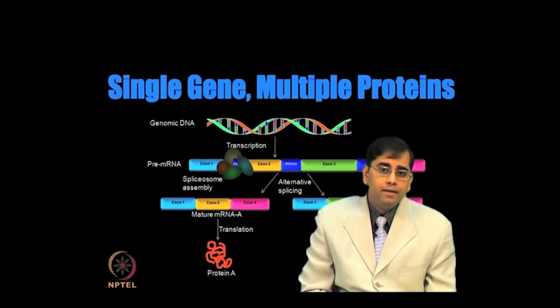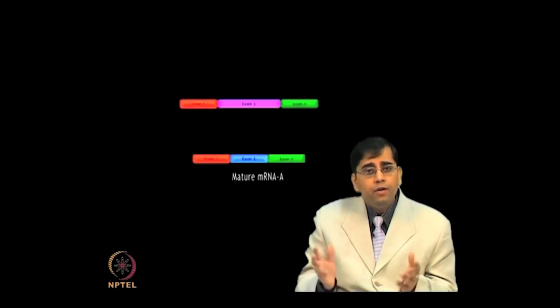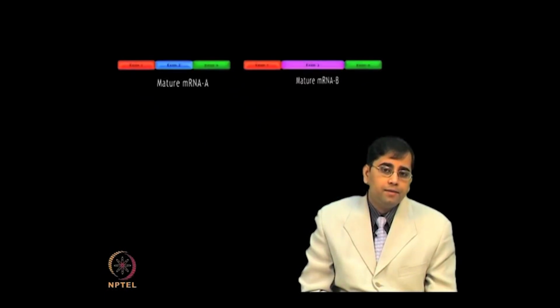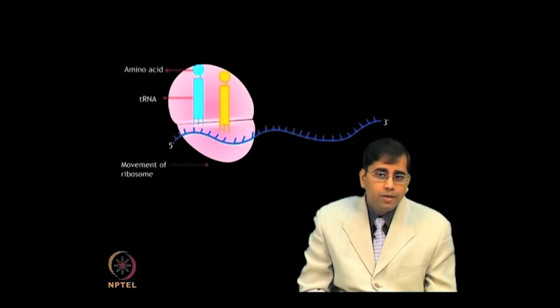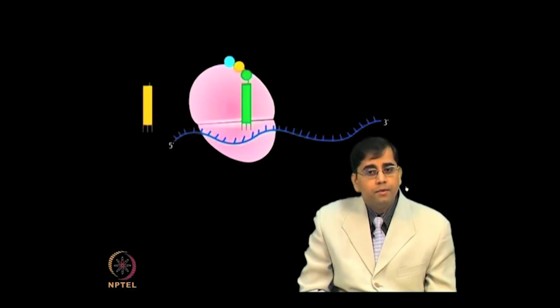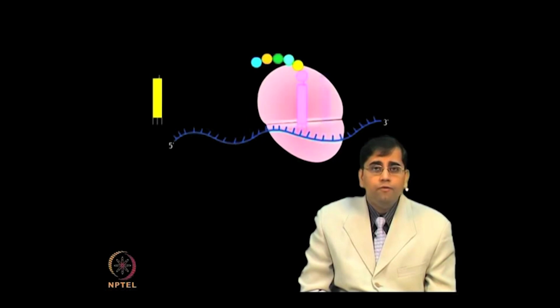Second important factor is single gene can give rise to multiple proteins. Alternative splicing is a process by which exons or coding sequences of pre-mRNA produced by transcription of a gene are combined in different ways during RNA splicing, resulting in mature mRNA that give rise to different protein products by translation, most of which are isoforms of one another.